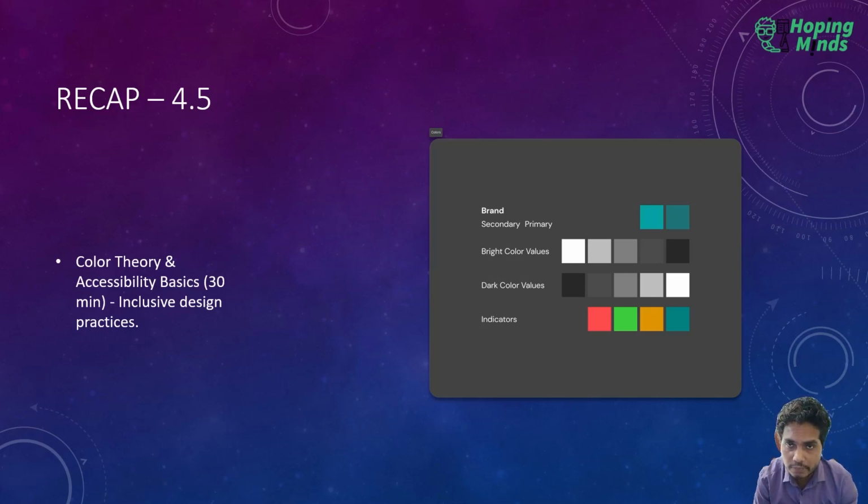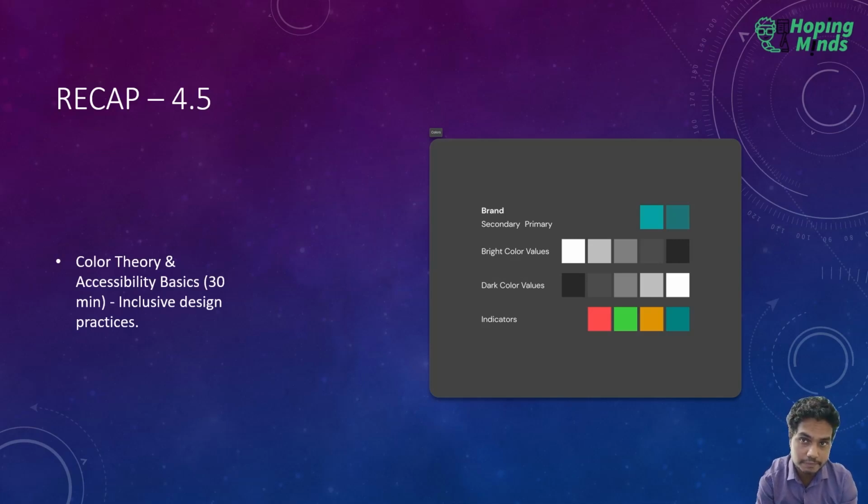We also discussed hex code when we create those colors, and we also did a little bit of discussion on how to reduce the brightness but have more contrast with hue value. What it does is it makes the text and content more readable, and it is also very easy on the eye.